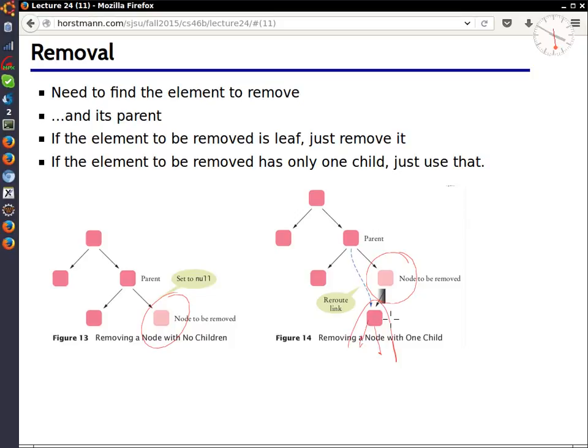It could be the root of a subtree. Then I'll just take that whole subtree and make that the child of this parent. And why is it still a binary search tree? Well, we need to make sure that everything in this tree is larger than the parent in this picture here. And it is, because before it was already larger than the parent.